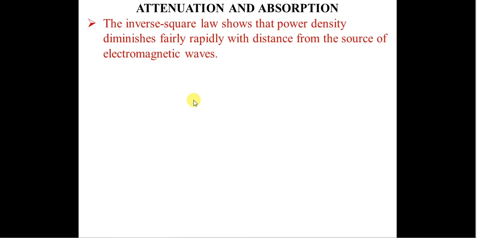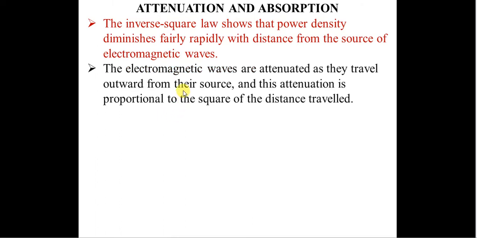We have seen the inverse square law. As per the inverse square law, the power density diminishes rapidly with the distance from the source of the electromagnetic waves. As the distance doubles, the power density reduces to one fourth.